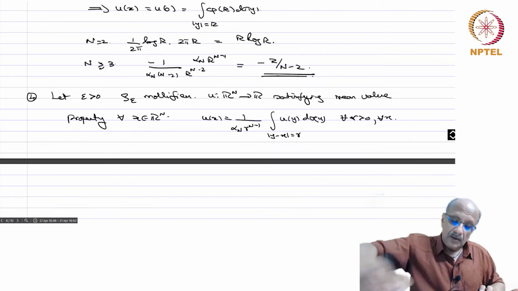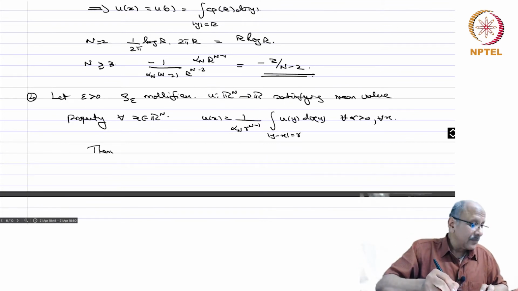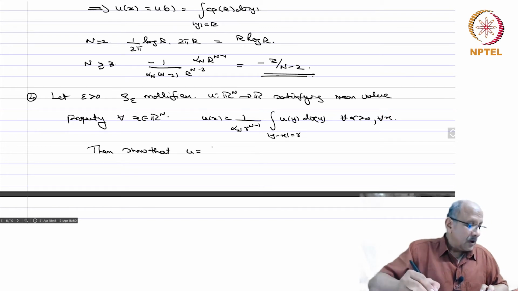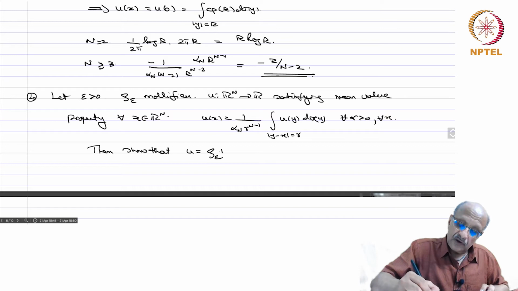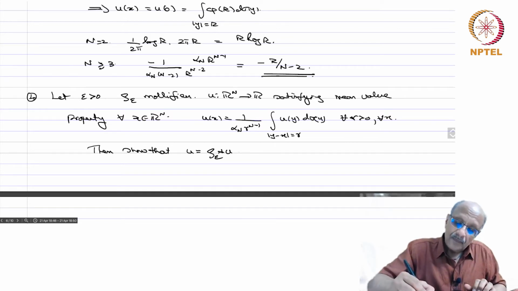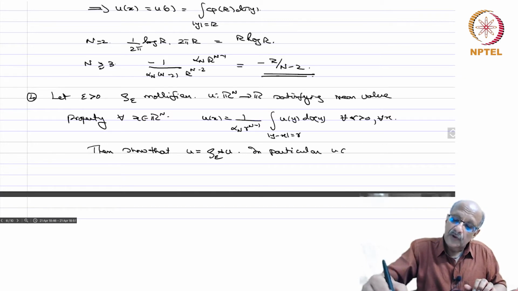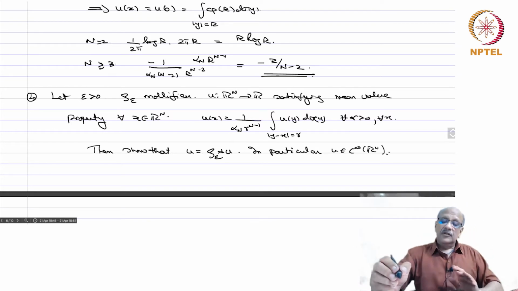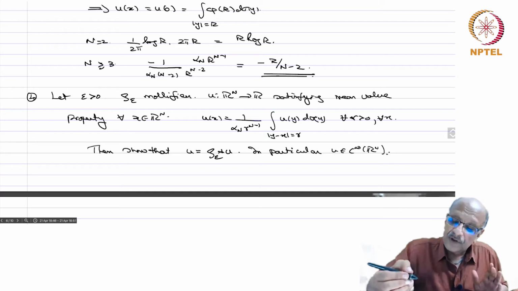Then show that u equals rho epsilon star u. So in particular, u belongs to C infinity of Rn. A harmonic function is automatically an infinitely differentiable function.